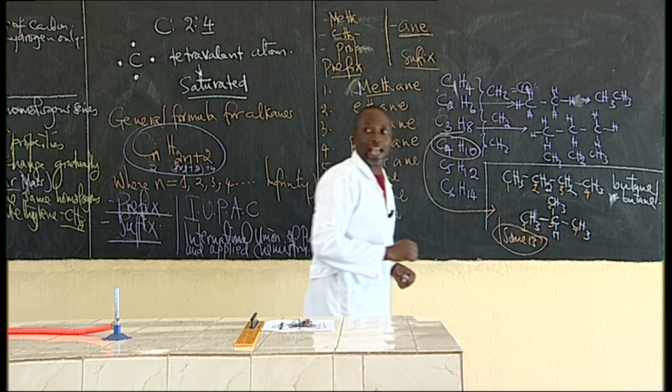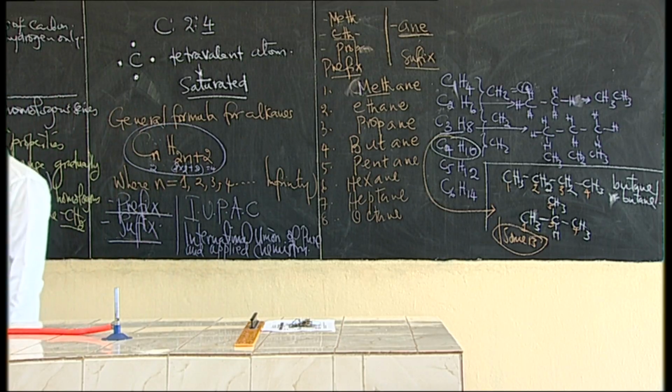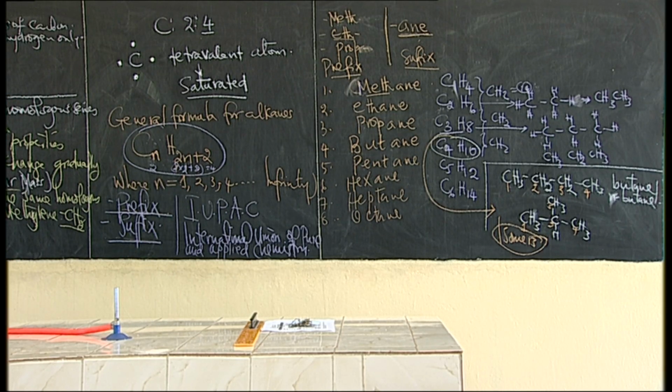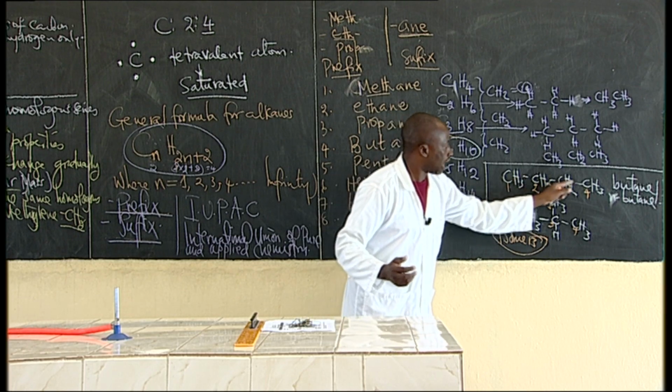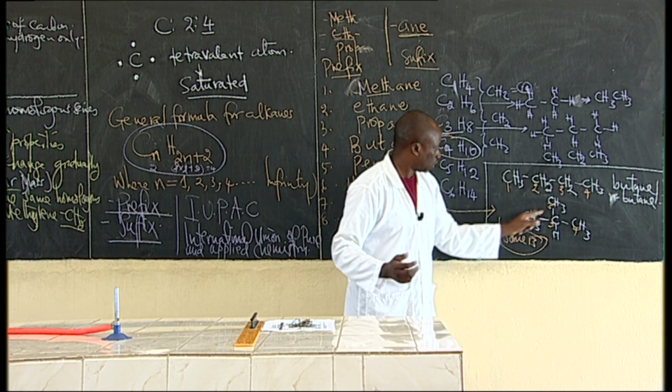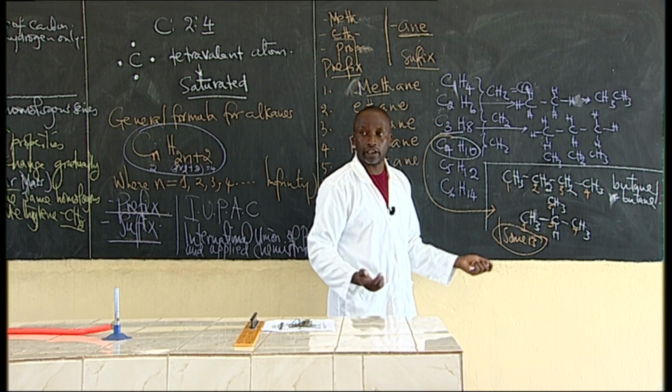Isomers are compounds of the same molecular formula, but different structures, in which the atoms in the molecule are bonded differently. When you look at the bonding, it is quite different. You see the carbon atoms are on a straight chain, but when you come to this, the carbon atoms are not on a straight chain.